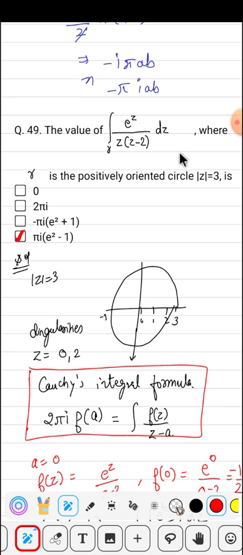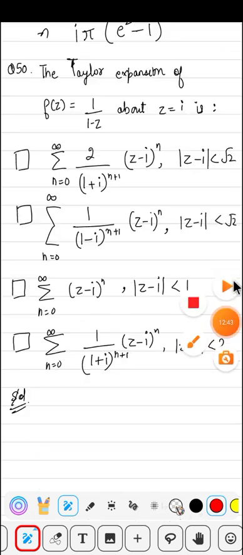Now let's follow the next question. The next question is question number 50. The Taylor expansion of f of z equals 1 upon 1 minus z about z equals iota, and these are the expansions.